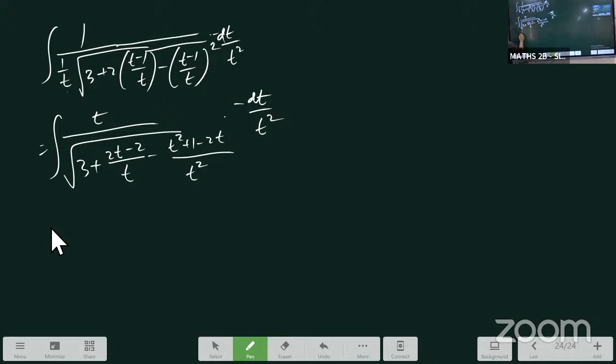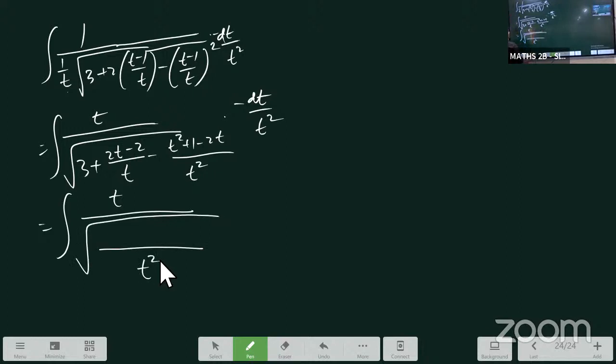Okay. Now this t by under root of, your LCM is nothing but t square, inside the root. So this becomes 3t square plus, see, 1t gets cancelled, still t will be left, 2t square minus 2t. Here t square as it is. Minus t square minus 1 plus 2t.